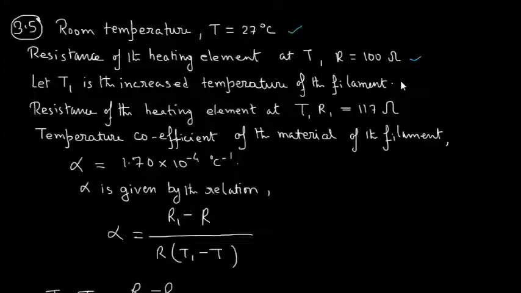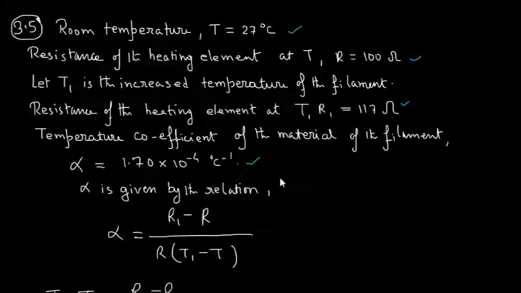The resistance of the heating element at T1 is R1 is equal to 117 ohm. Temperature coefficient of the material of the filament alpha is equal to 1.7 into 10 to the power minus 4 per degree centigrade.